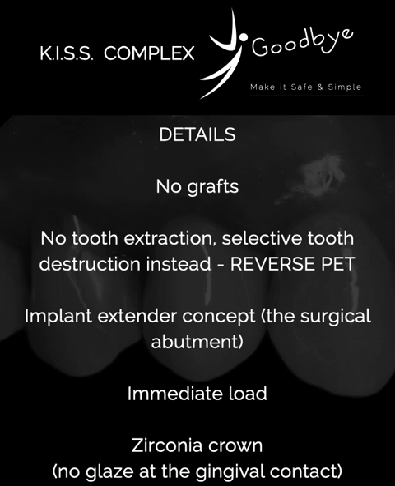All I did was selective tooth destruction instead, the reverse PET. I've extended my implant with a surgical abutment that I placed during the implant placement surgery. I've done immediate load here, and my final crown is going to be a zirconia crown. There's some detail into it as well.